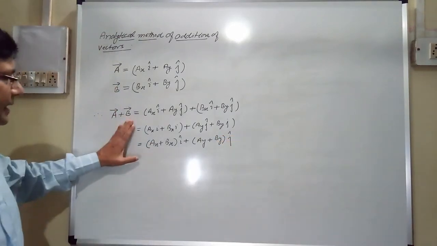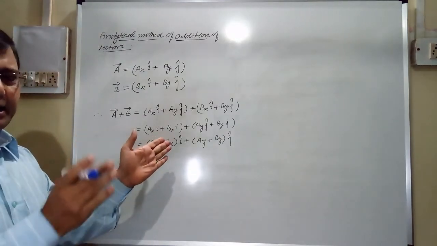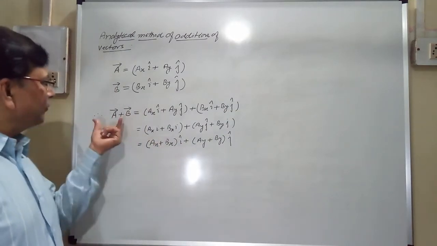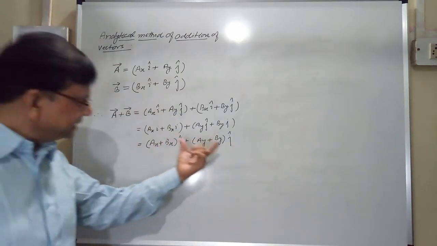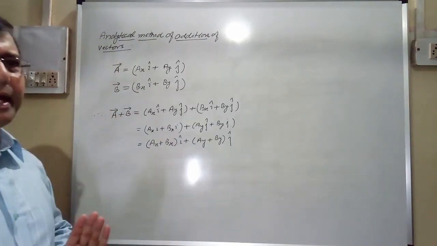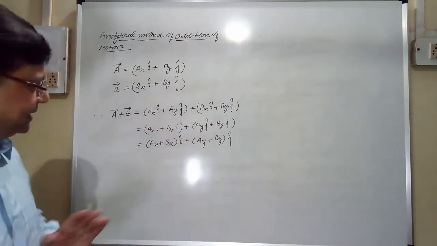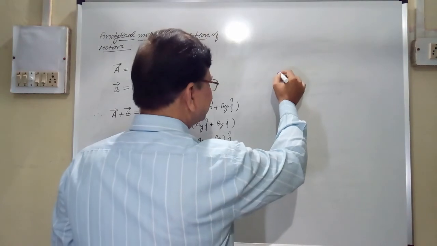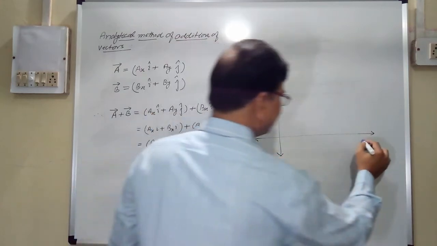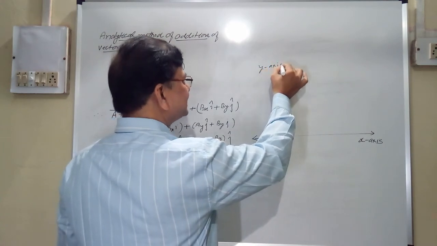See, vectors are added. Here I had taken two components only, along the x-axis and along the y-axis. Along the x-axis this much length is the component of A plus B in the x direction, and this is the component of A plus B along the y direction. Suppose we have to find the angle this vector makes with the x-axis. Graphically it can be represented like this. This is the x-axis, this is the y-axis.